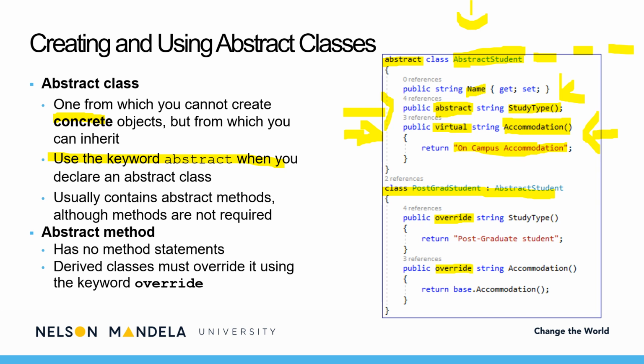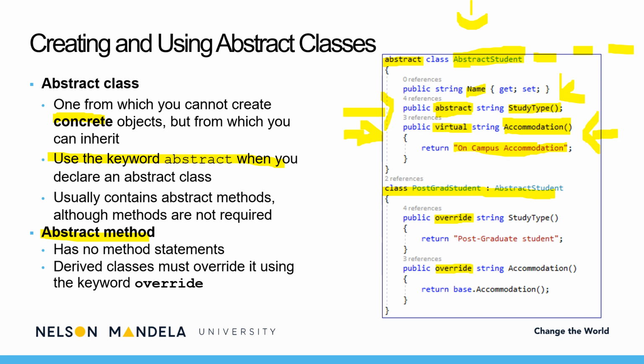What the override keyword does is it invokes the methods that you can implement in a class. Let us look at the background around the abstract method. It has no method statements. Derived classes must override it, like I've said.